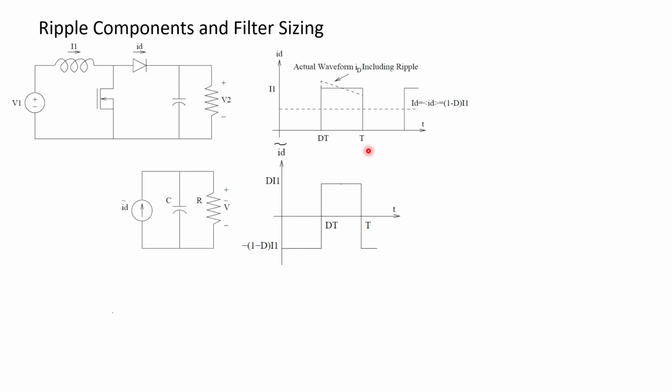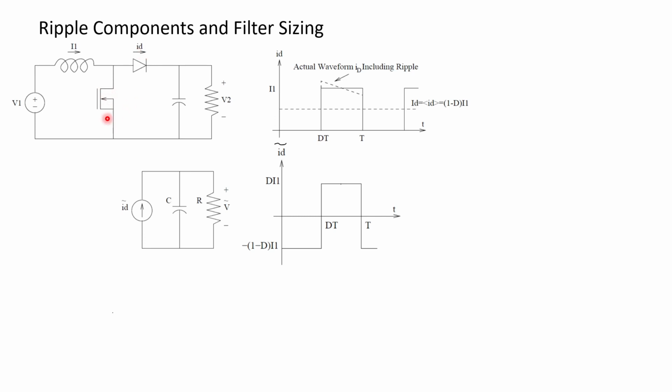the capacitor. We already assume that the inductance has infinite value, so I1 is constant, and the current ID depends on the switch here. When the switch is on, the current flows this way, so no current in here, so you get 0. This is ID for this interval.